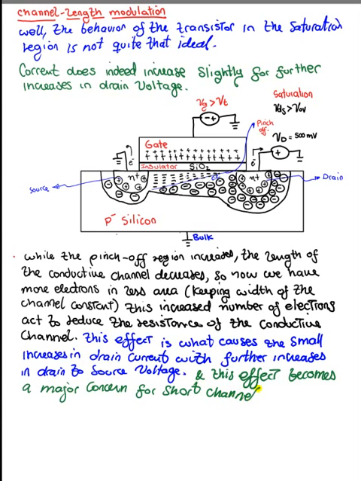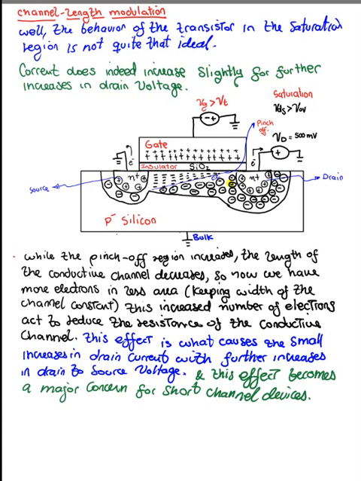Right? So, while what we said before was true, that the pinch off region increases, which tends to oppose the flow of current, and the drain to source voltage is now greater, which tends to generate a greater electric field and try to increase the flow of current. Now there is another effect, right?